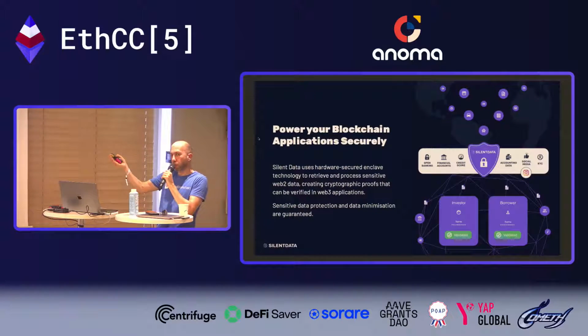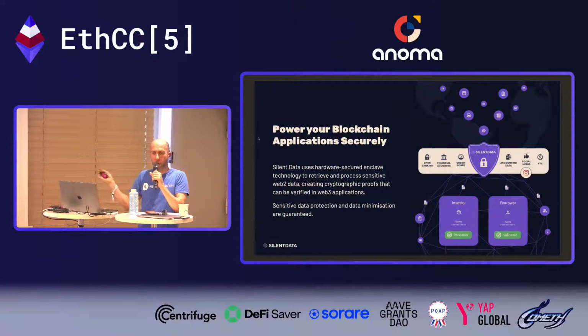With this type of technology, and with this solution, with Silent Data, the APIs don't need to change, the data source doesn't need to change. So we've connected directly with open banking, for example, in its current form, and we can get the data from there and prove that the actual bank account data has been queried and not modified in the process.